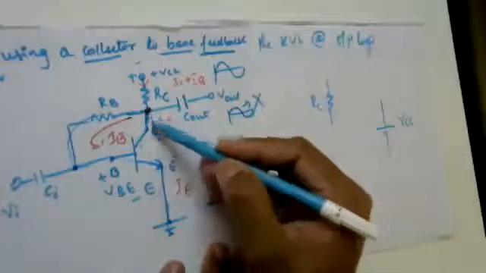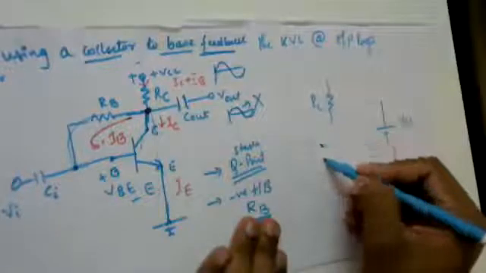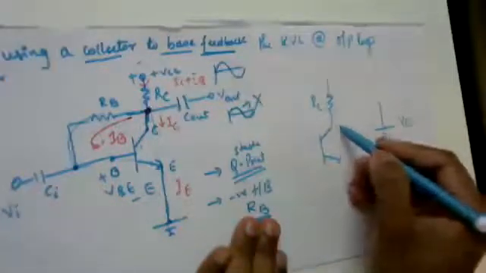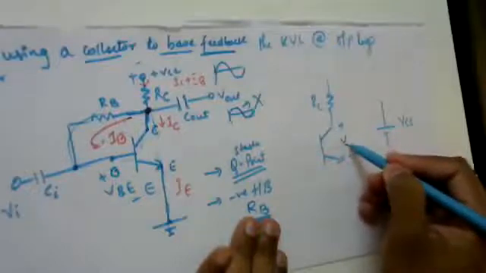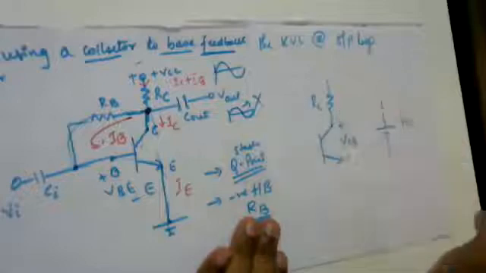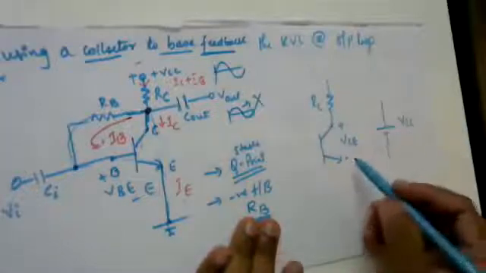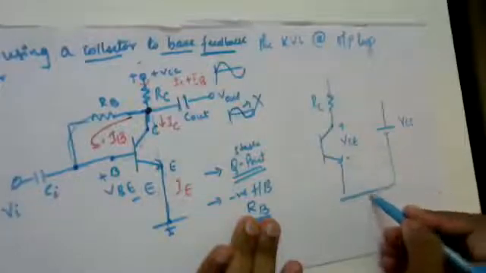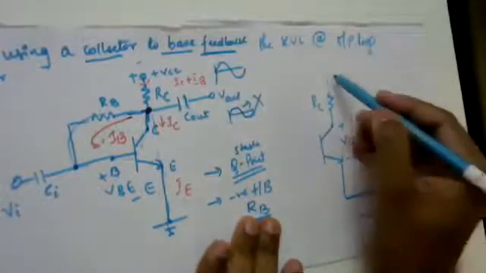Then I have the VCE voltage drop, positive and negative. This is VCE, the collector to emitter voltage drop. Then the emitter is connected to the ground.